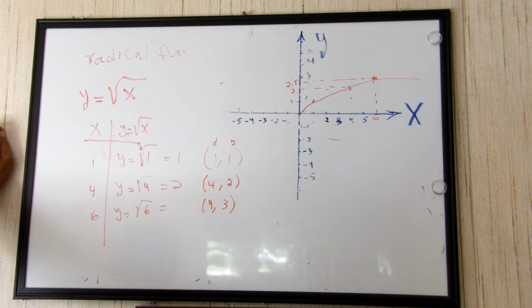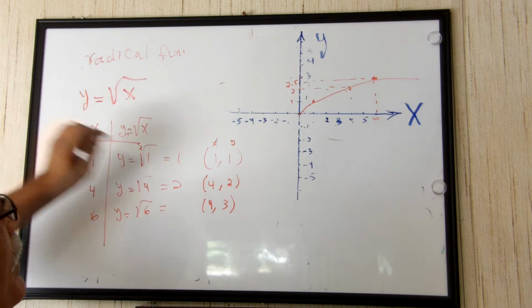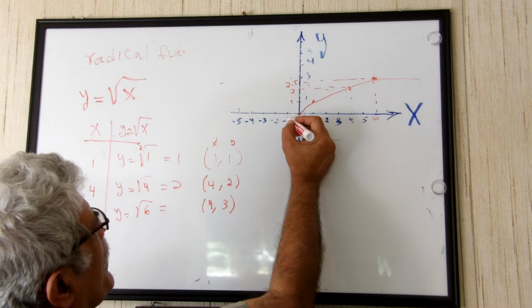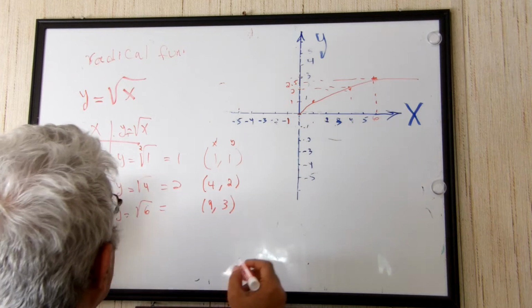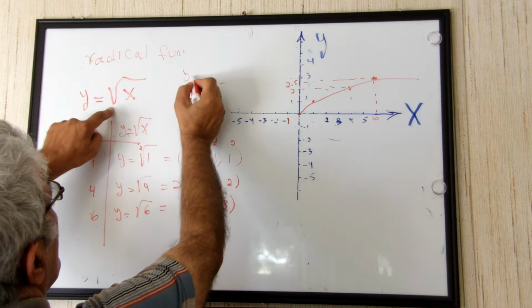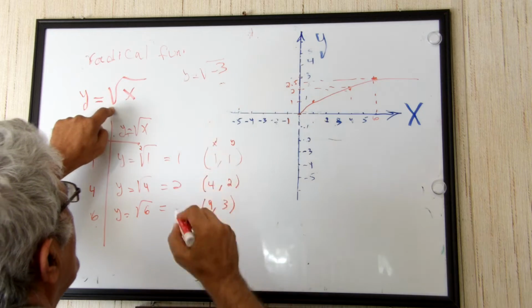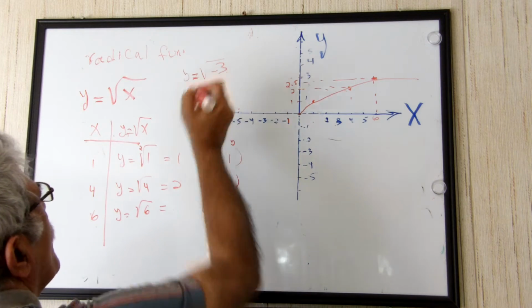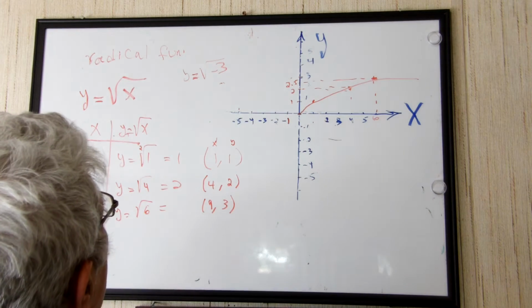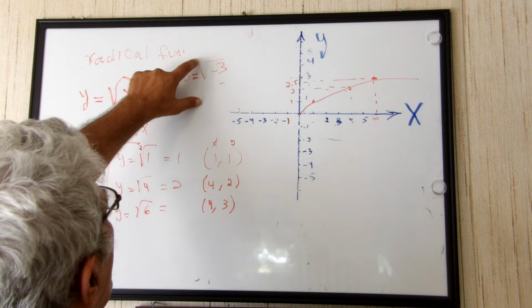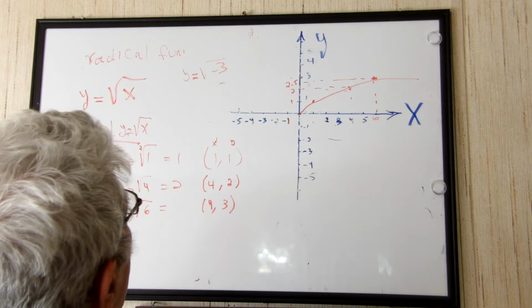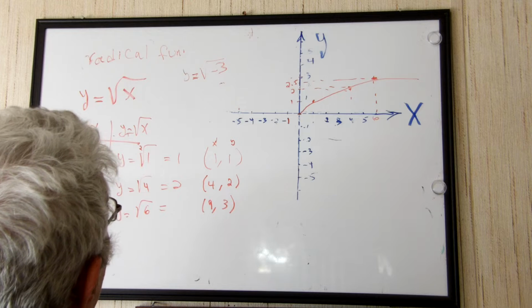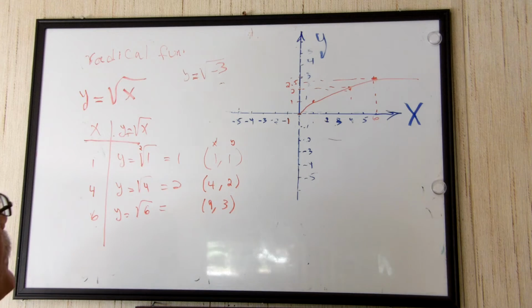So now you see what it looked like. If you give a number like -3, what's going to happen? y is equal to radical -3. You can't do that because you don't get any answer, because the index is 2.